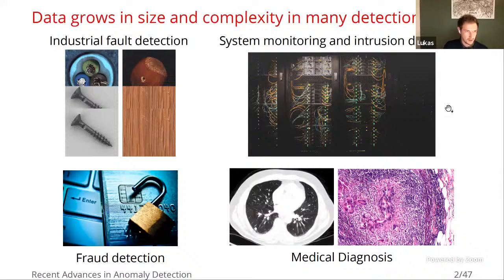So for instance, applications such as in industrial fault detection, so here in quality control, finding defects or errors, for instance, here in these wood panels or in the screws or nuts, or for instance, in system monitoring of high performance computing infrastructure or intrusion detection in networks where you have large amounts of system logs, or fraud detection, where these days you also have a lot of textual data, or in medical diagnosis.